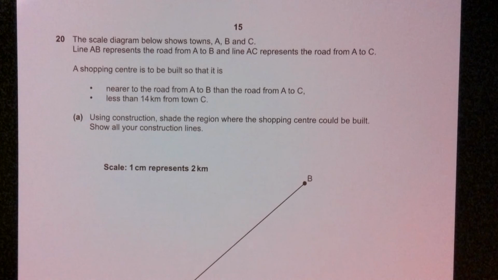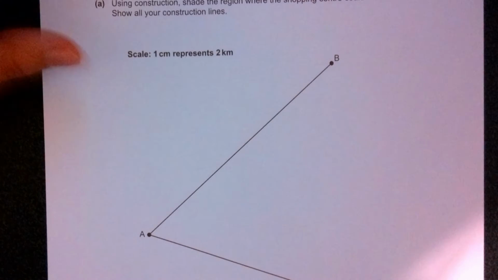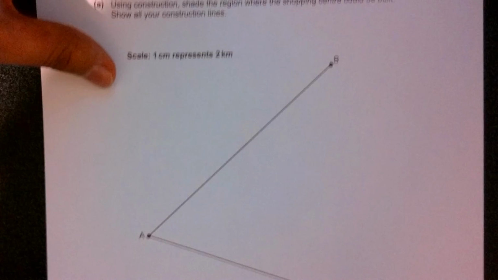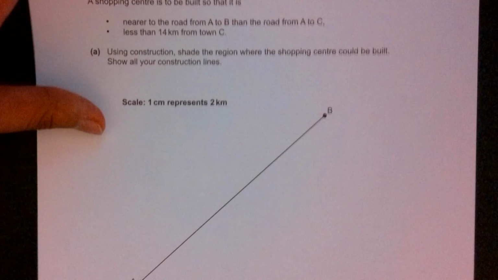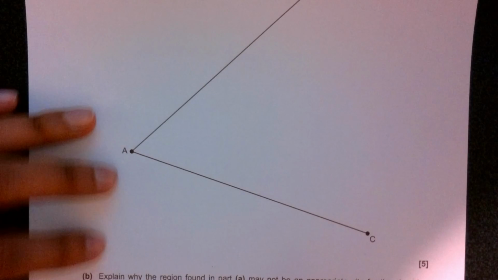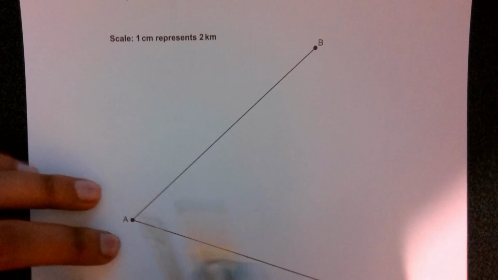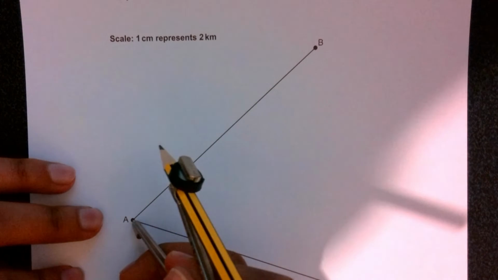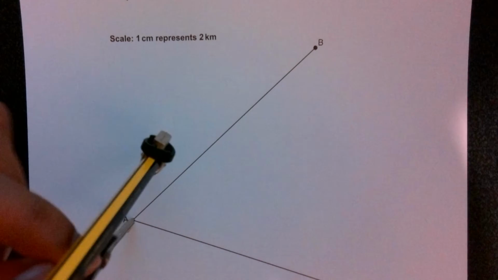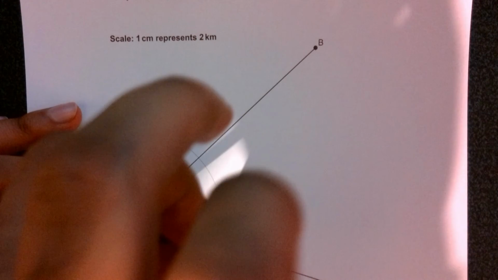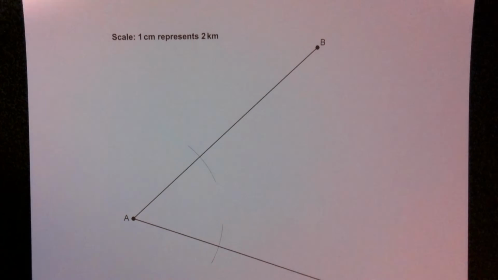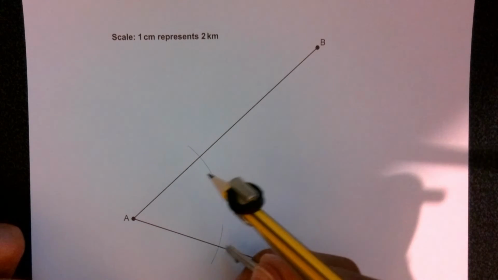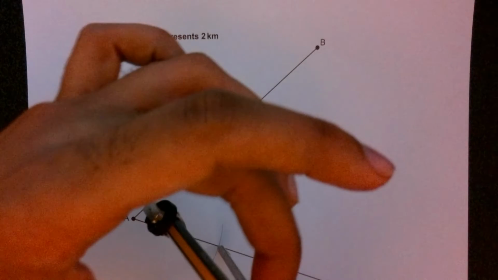Well, the first thing we need to do, if it's going to be nearer to AB than AC, we need to draw a perpendicular bisector. So that's our first job, to draw a perpendicular bisector. So point a bit at the point A. So we draw an arc, draw another arc like so, and then this pointy bit put over here at the intersection point.